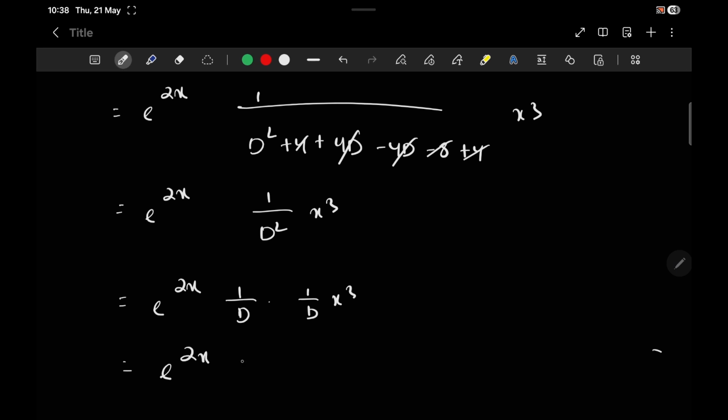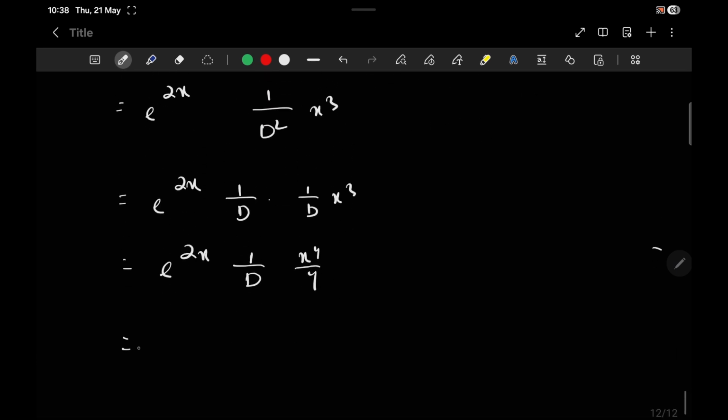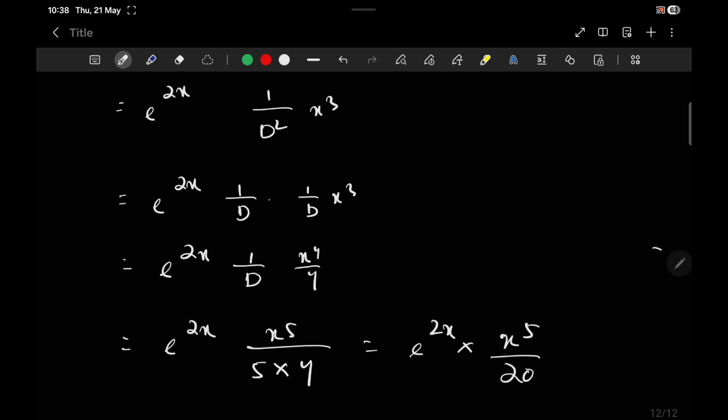So e to the power 2x into 1 by d, and 1 by d is the integration we know, so x to the power 4 by 4, and its integration is e to the power 2x into the integration of x to the power 4, which is x to the power 5 divided by 5 into the 4 remaining, that was e to the power 2x into x to the power 5 divided by 20.